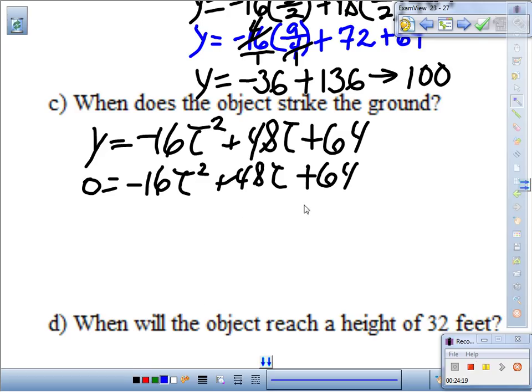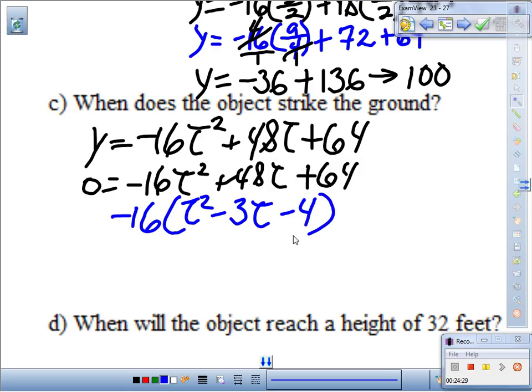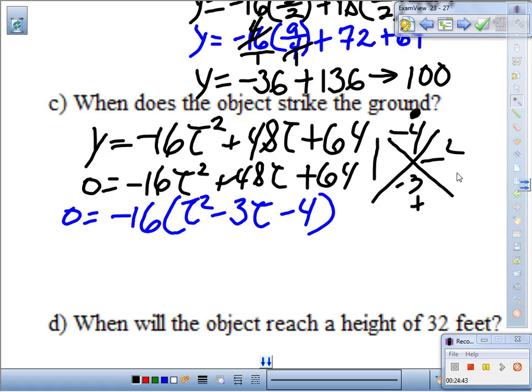What's our GCF, everyone? Negative 16, we're left with t squared minus 3t minus 4, and all that equals 0. Power Rangers, we got negative 4 on top, negative 3 on the bottom. Factors of negative 4 that add up to negative 3: 1 and negative 4.